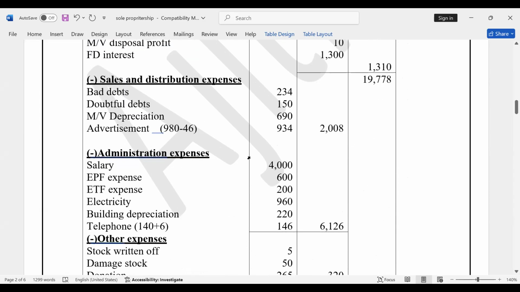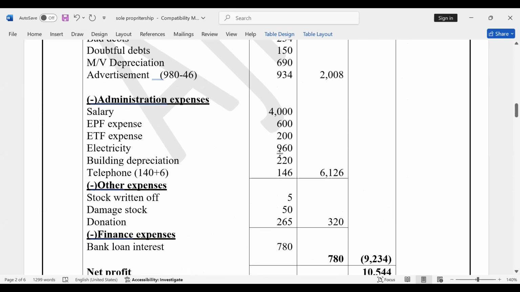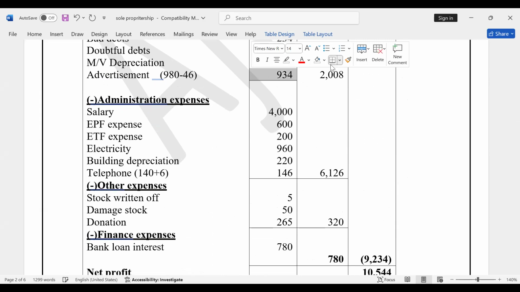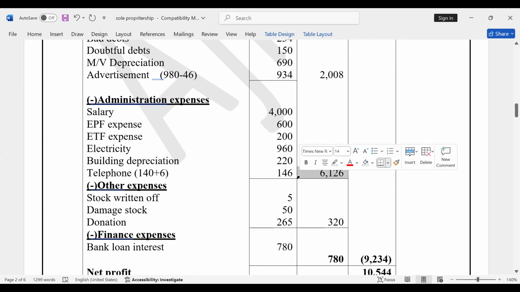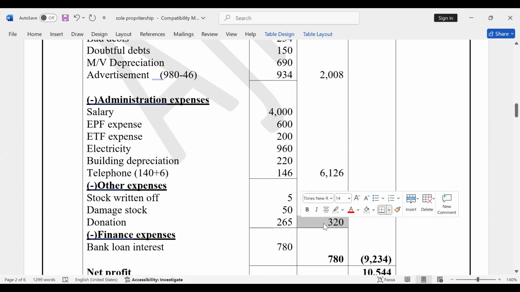Then expense should be categorized. Think sales and distribution, administration, as well as other and finance. Think EPF, ETF, as well as under provision, over provision also.